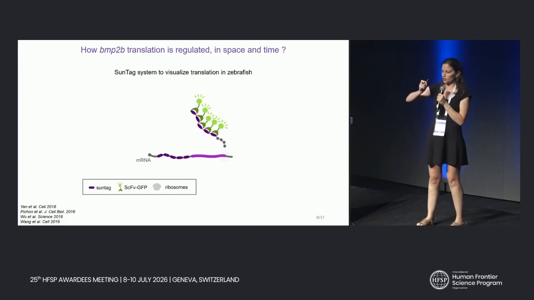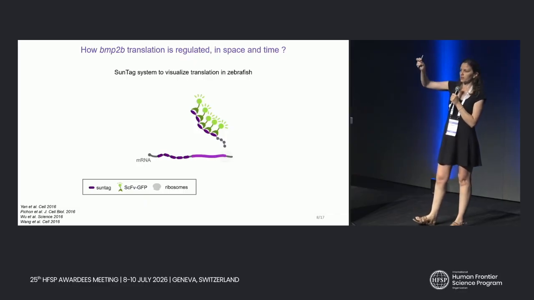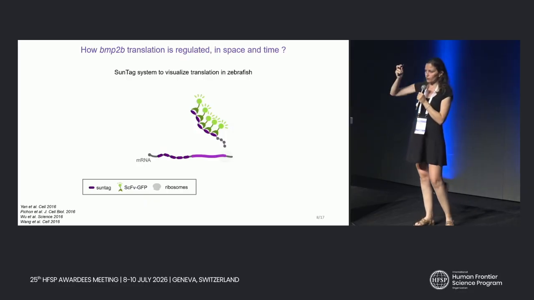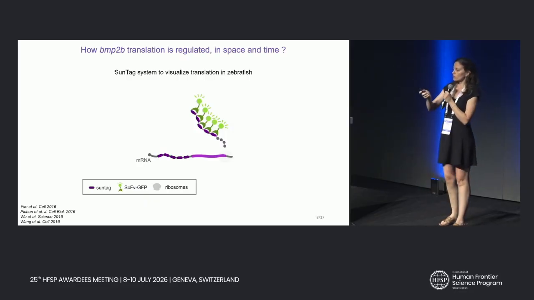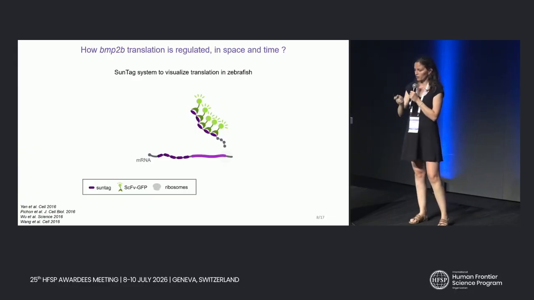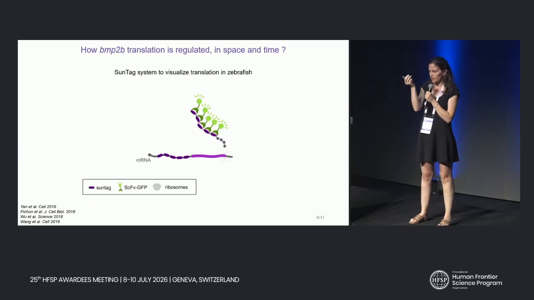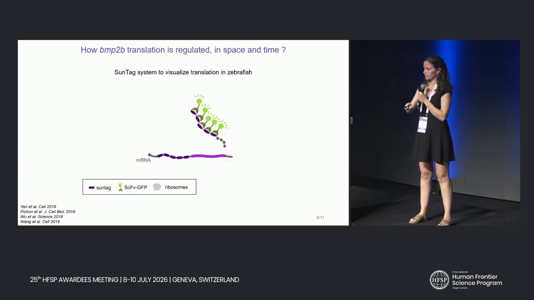Upon translation, these SunTags are recognized specifically by a single-chain antibody fused to a GFP. You can encode it into the genome, and it will create an accumulation of GFP at the site of translation on the mRNA, so at the single-molecule level. This creates bright foci above the background.